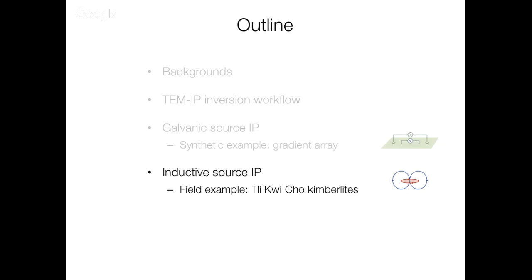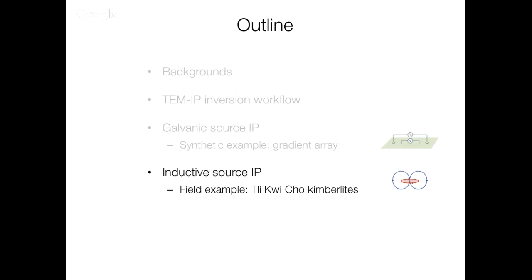Because the difference between a controlled source and an inductive source is this: in a controlled source, you're putting current in and letting everything build up to your asymptotic limit, and now you've got a fully charged system, and the background electric field is fixed. There's a lot of simplification in that.